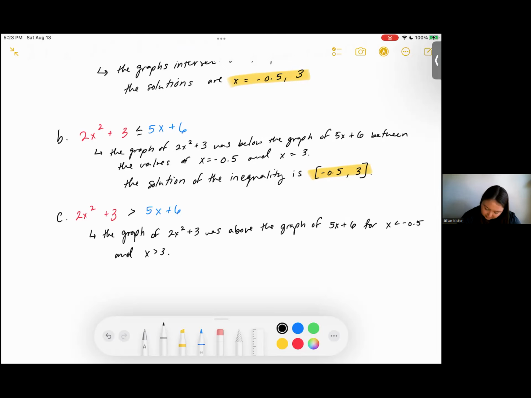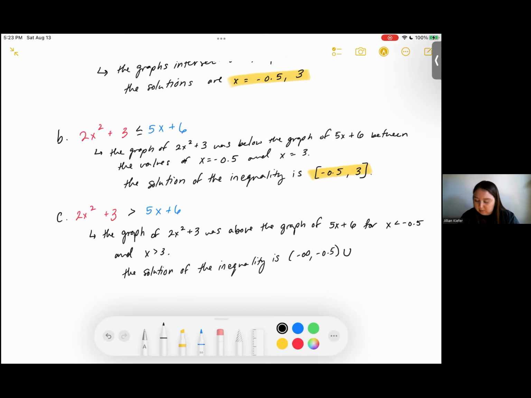So this tells us that the solution of the inequality is going to be -infinity to -0.5, because we said it's all the way from -infinity up to that value when they're equal, not including -0.5.